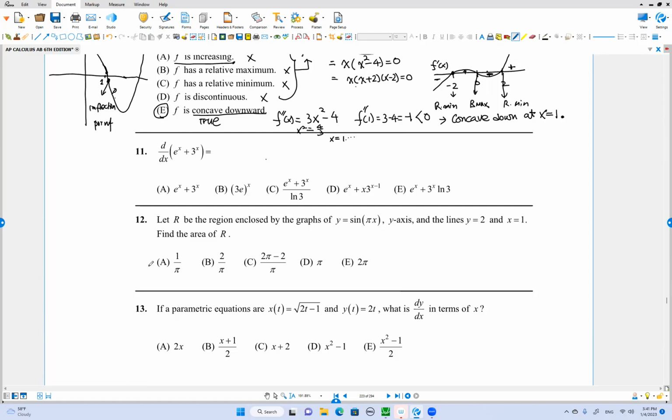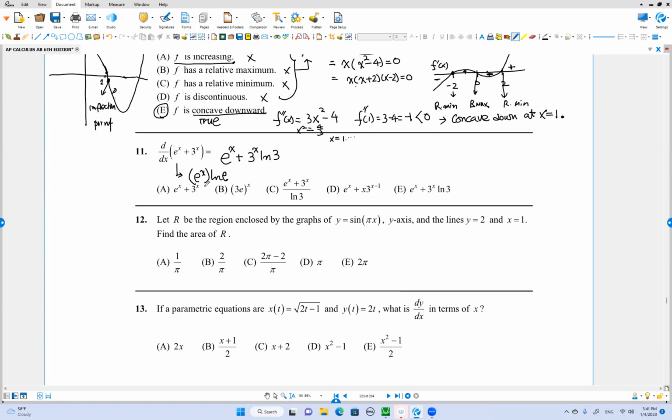Derivative of 2e to the x. Derivative of e to the x is still e to the x, right? It doesn't change. Okay, we work together. Still e to the x. This is not e, okay? Different, right? Derivative of 3 to the x is what? 3 to the x, but we multiply it by what? ln of the base number 3, right? This is the formula when you have an exponential function: the number and multiply by ln of the base number.